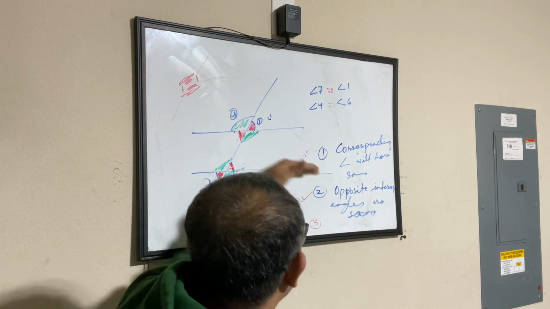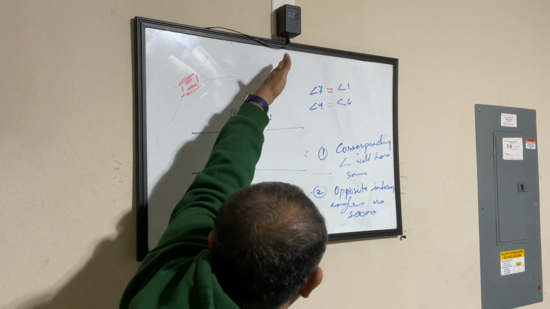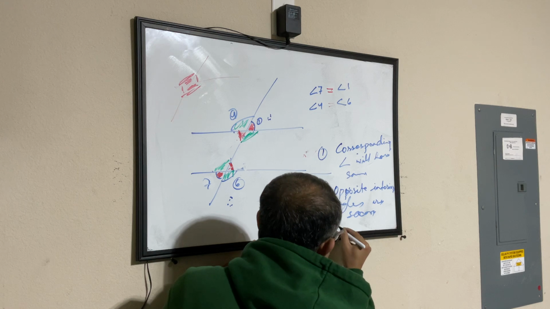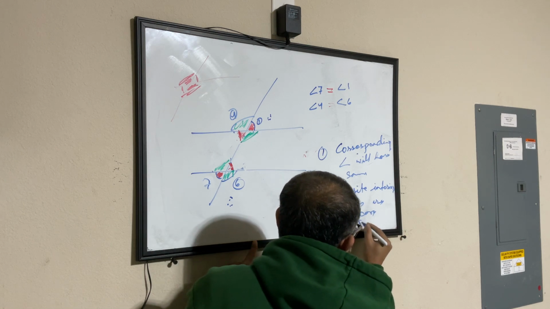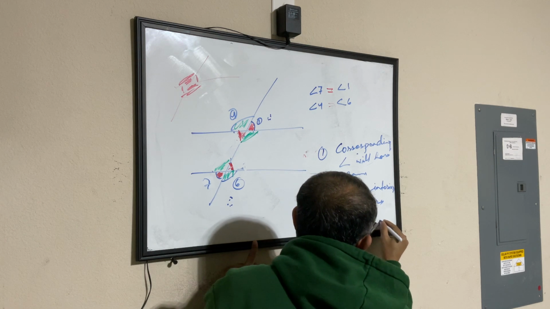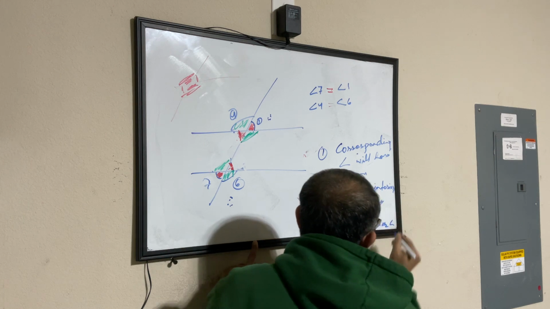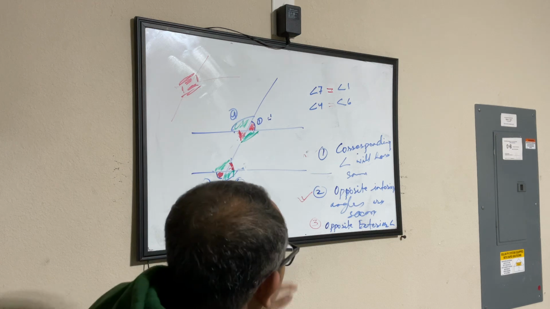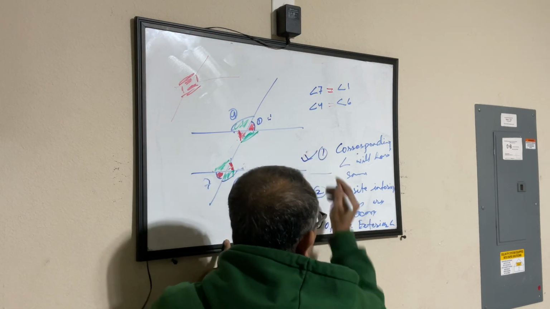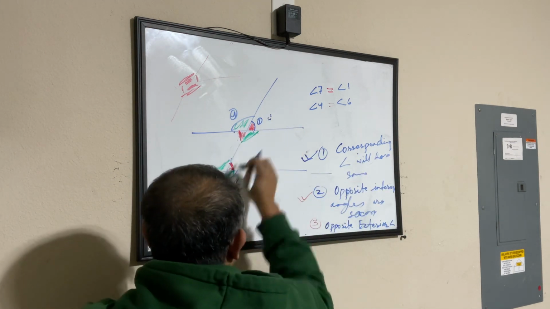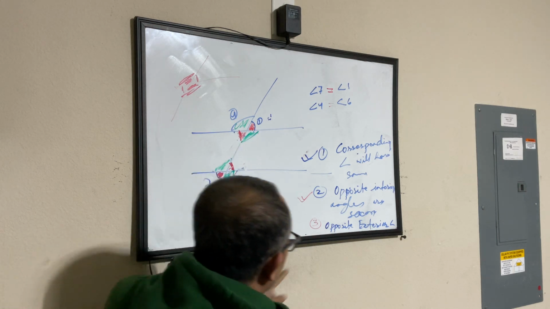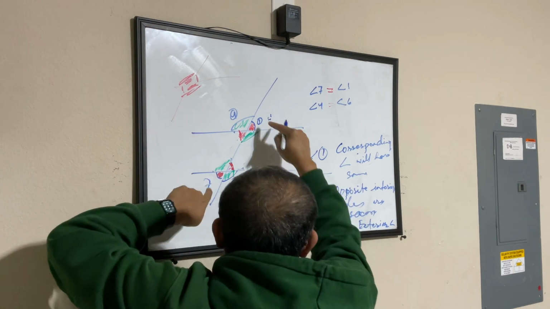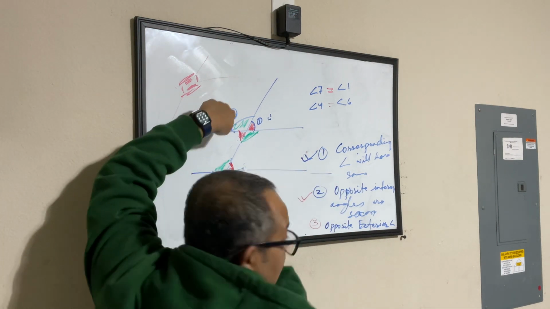If you have a pair of parallel lines and the third line intersects, these three things apply. Your corresponding angles will be the same, your opposite interior angles will be the same, and opposite exterior angles will also be the same.